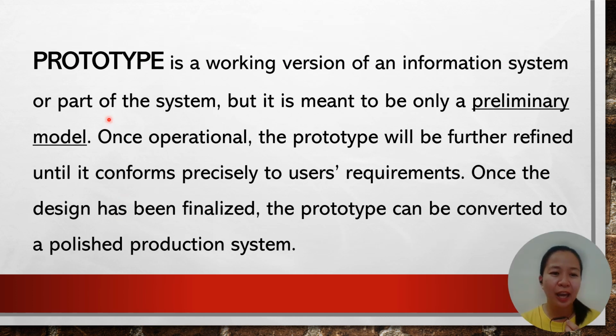So what is a prototype? A prototype is a working version of an information system or part of the system, but it is meant to be only a preliminary model. Once operational, the prototype will be further refined until it conforms precisely to users' requirements. Once the design has been finalized, the prototype can be converted to a polished production system.